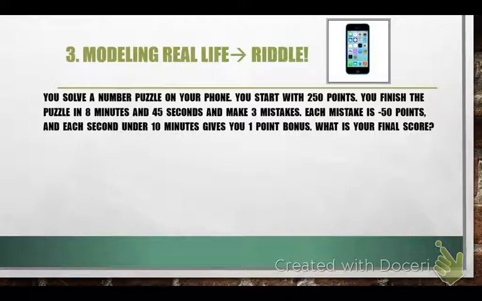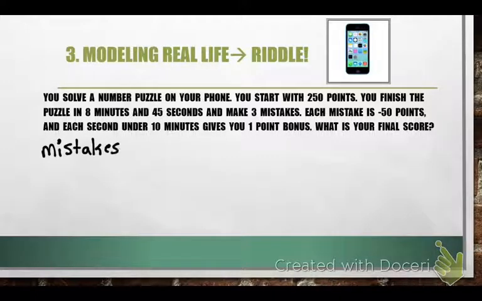All right, so we're going to do some different things here. Let's just look first at each mistake is how much? Negative 50. And how many mistakes did we make? 3. So how do I figure out how many points I lost? Multiply. Okay, multiply what? These are our mistakes.